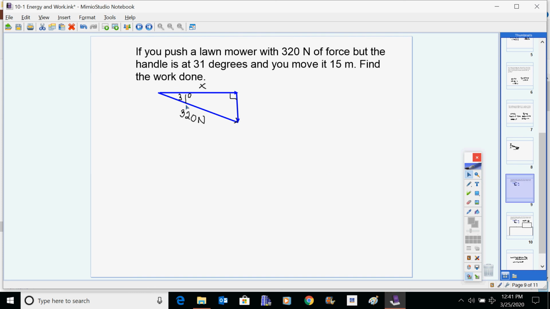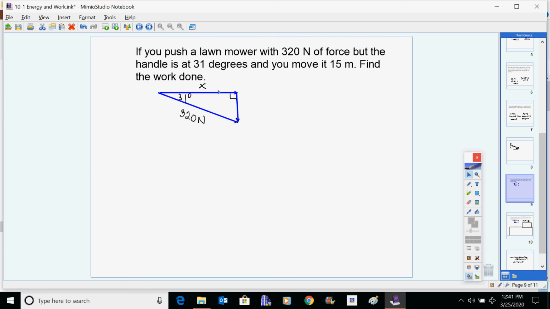Now keep in mind when you're pushing with this force, you're pushing not just sideways, you're pushing sideways and down. So your force is kind of broken up into its two components. But we're thinking about how much is causing the sideways motion, so the force and the distance being in the same direction, how much is going into the sideways motion of this lawnmower.